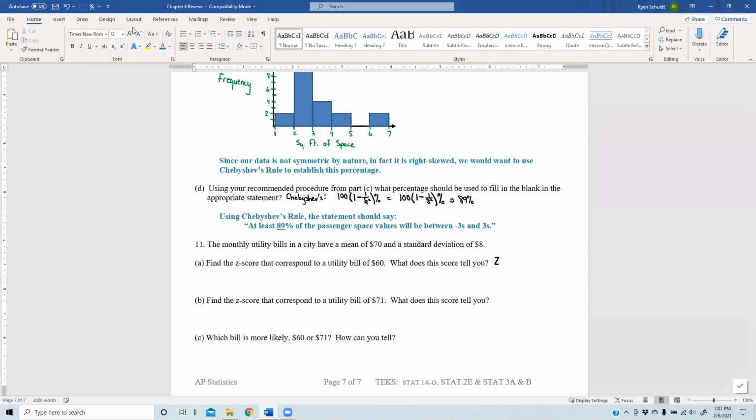So let's calculate the z out here. We'd say 60 minus 70 divided by 8. This would get us negative 1.25.